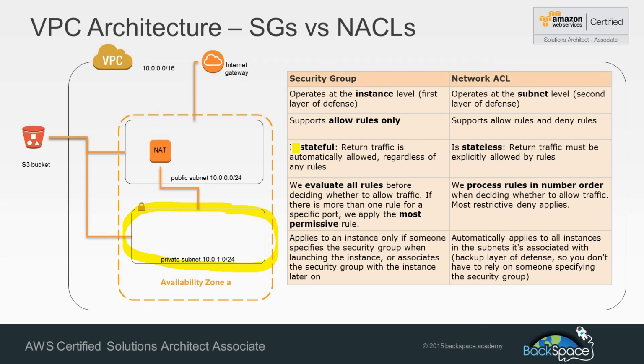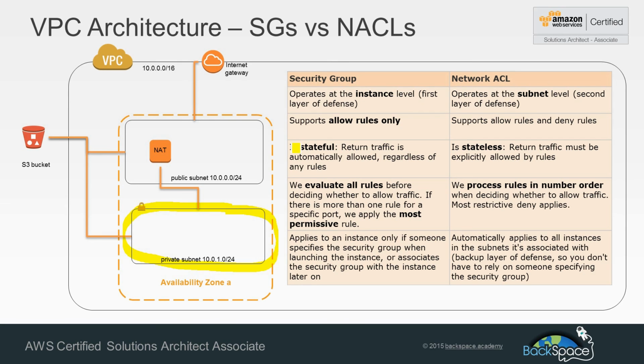In a security group, we evaluate all rules before deciding whether to allow that traffic. If there is more than one rule for a specific rule, we apply the most permissive rule, not the most restrictive rule. So if you have a CIDR block that is more broad, the more broad and more permissive rule will prevail.